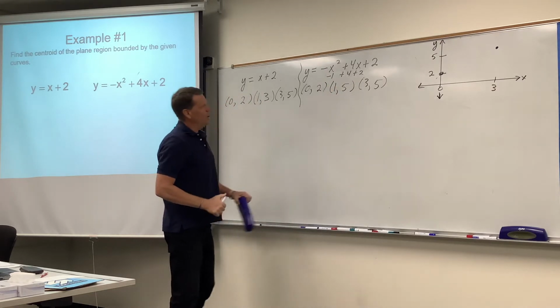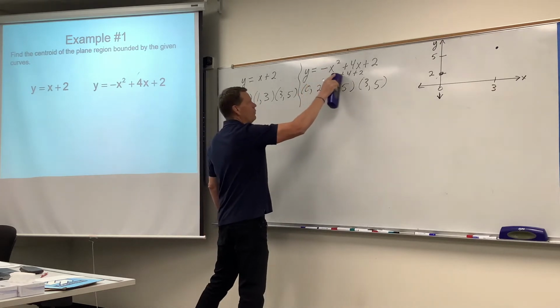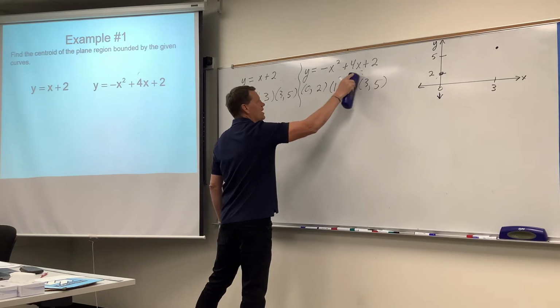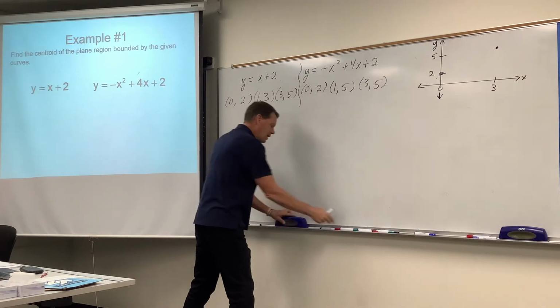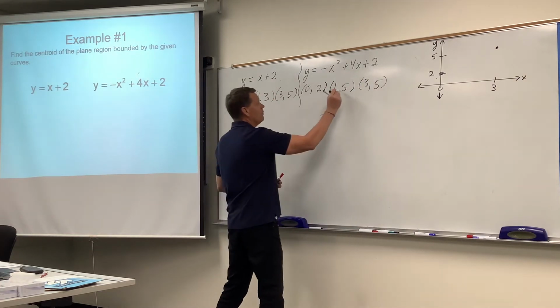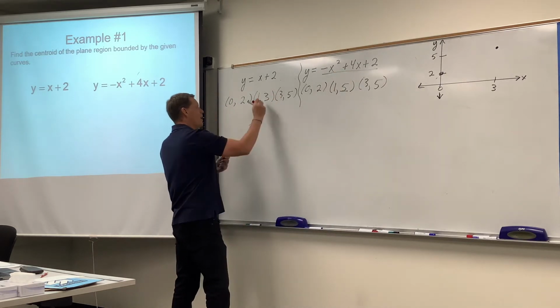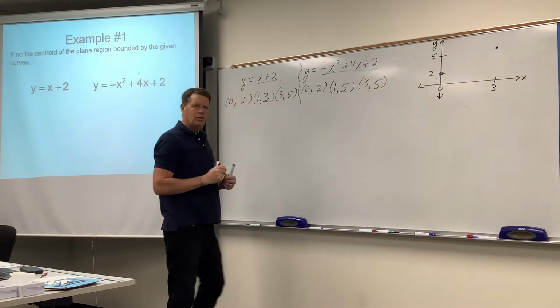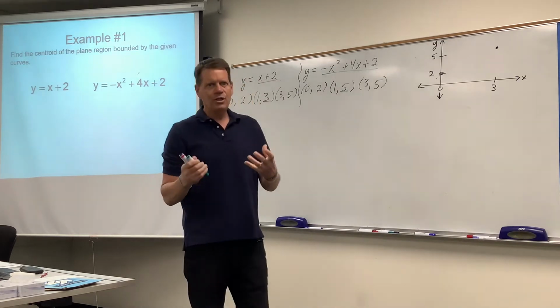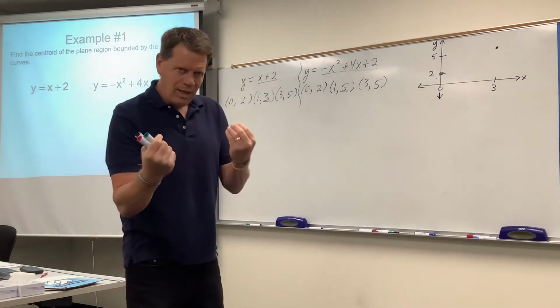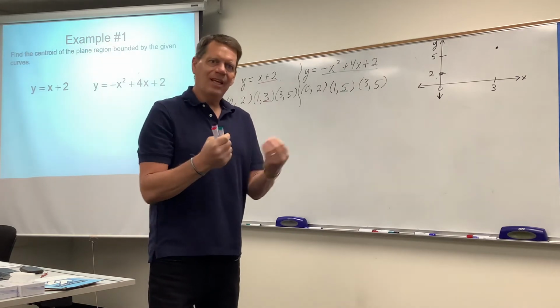All right, so the hope would be, much like we've seen before, that when we plotted that test point in the middle, we see here that the upper one is 5 and the lower one is 3. So much like we did when we found the area between two curves, we define the region, we find out where they intersect, and then we test that point in the middle.